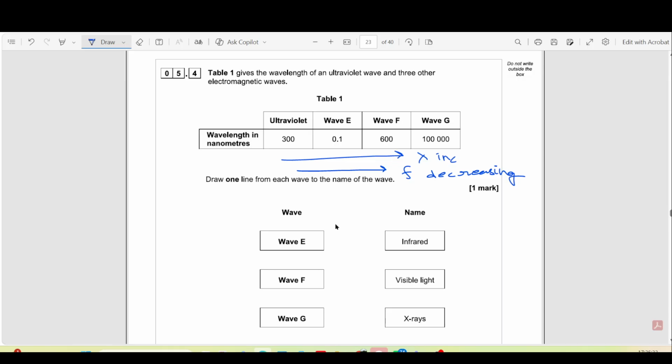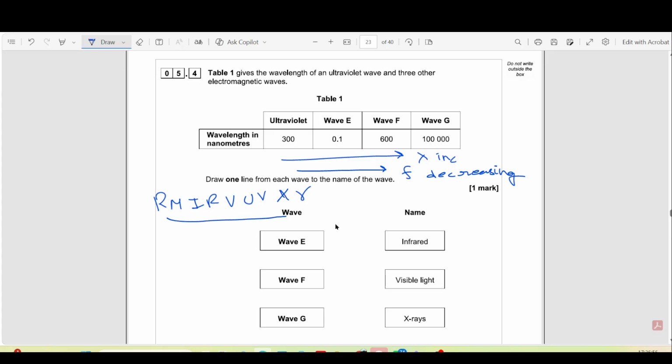Is the wavelength bigger for the smaller the radiation? Sorry. As wavelength increases, frequency decreases. So you can remember this: R, M, I, R, V, U, V, X, gamma.